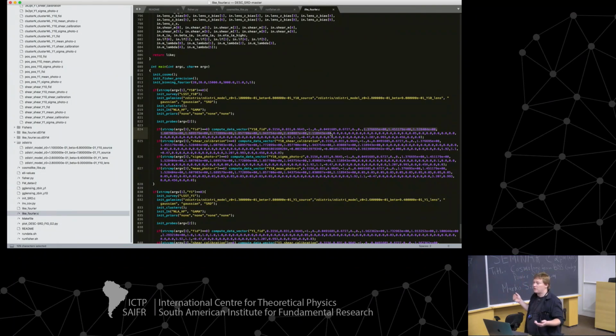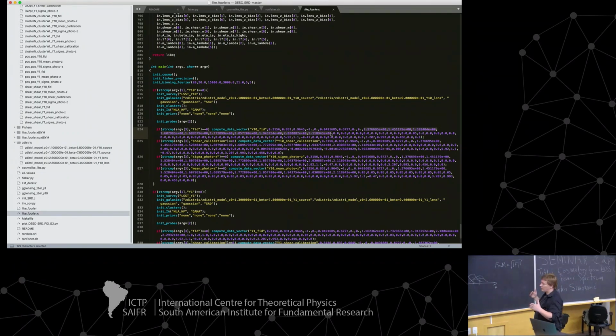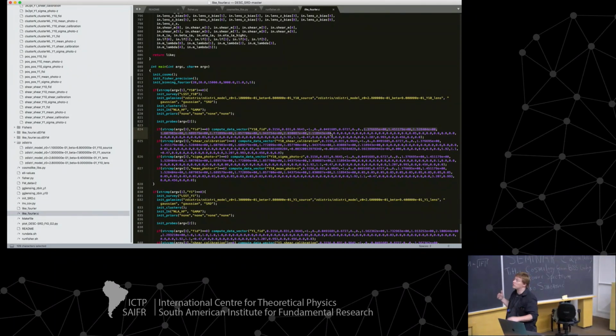So that would not have been a very conservative approach. So we looked for a behavior of shear calibration that causes a larger bias and consequently puts a more stringent requirement on how well we have to control it. And that's an important lesson to learn.